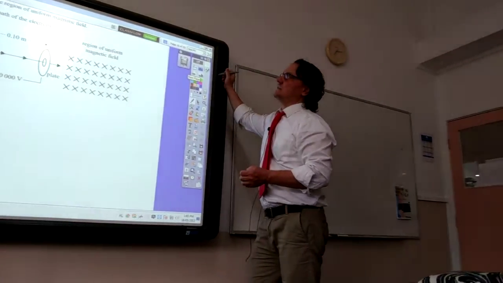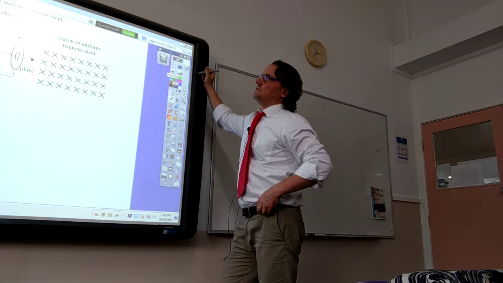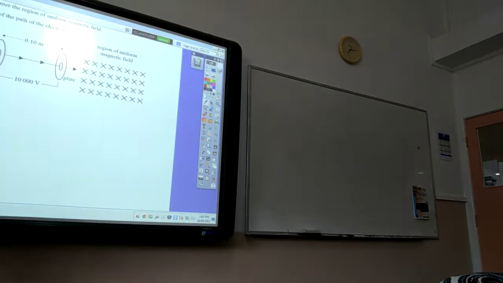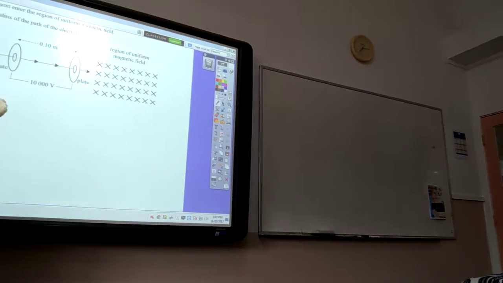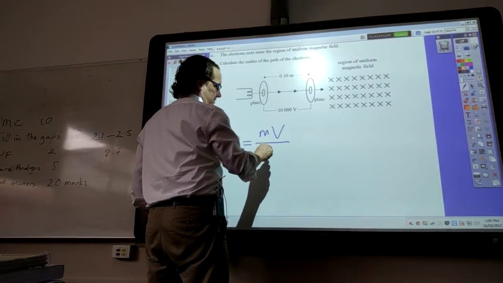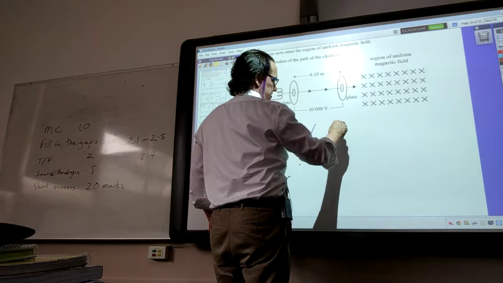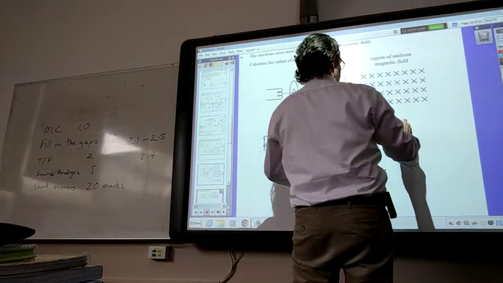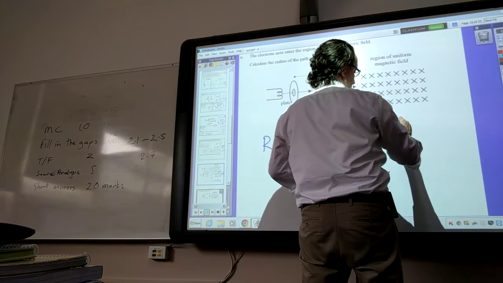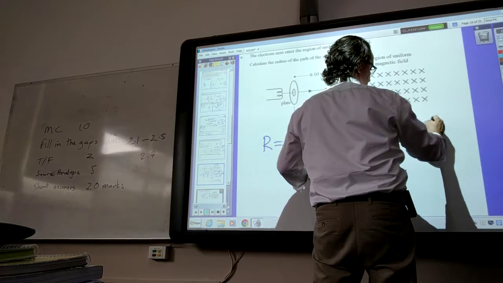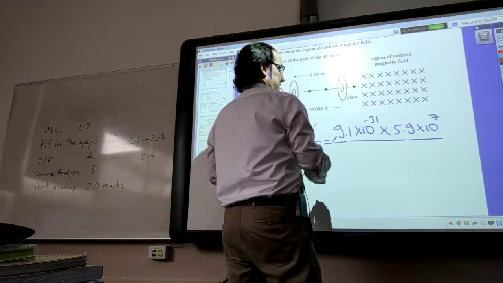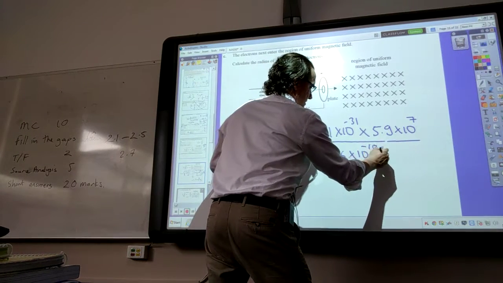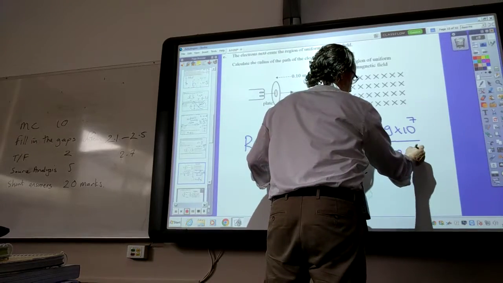The electrons next enter the region of uniform magnetic field. Calculate the radius of the path of the electrons. Again, a simple application of R equals M times V over Q times B. That is 9.1 times 10 to the power minus 31 times the velocity, 5.9 times 10 to the power of 7, divided by 1.6 times 10 to the power minus 19 times 0.02.